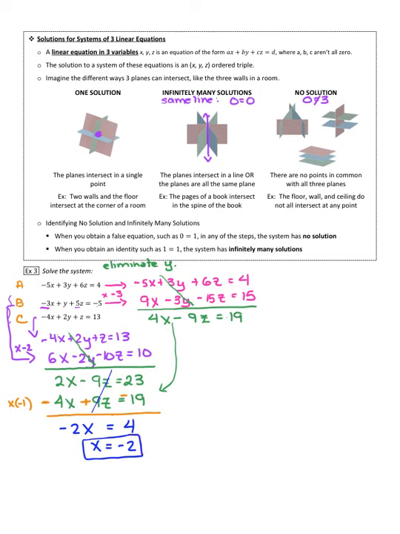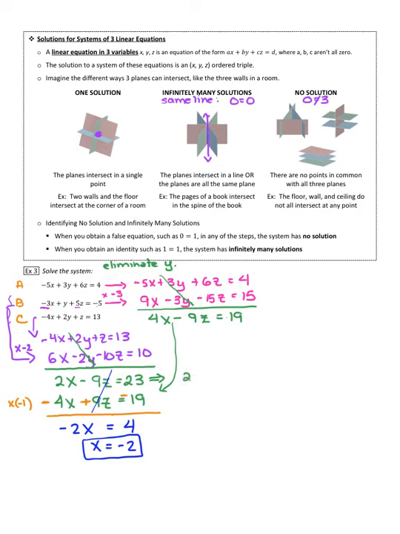As soon as you get that first solution, it's like jackpot. All you have to do now is back substitute. And you don't have to go all the way back. You only go one step back. So I am going to go, let's see, probably the easiest would be right here.